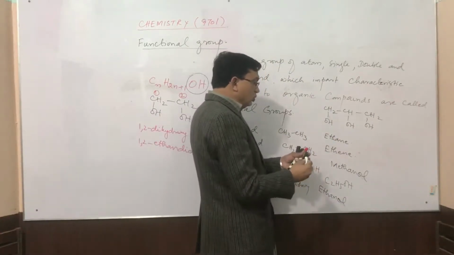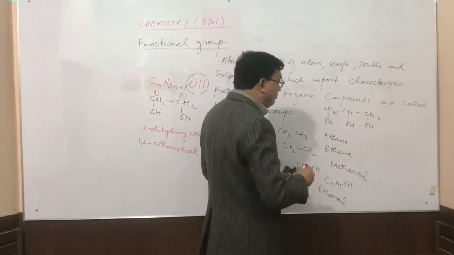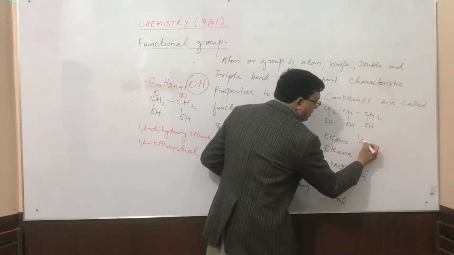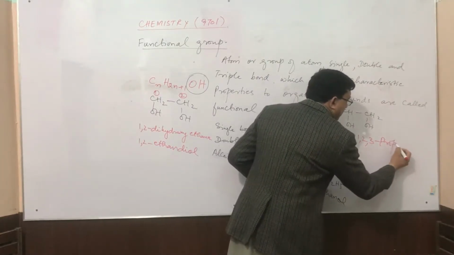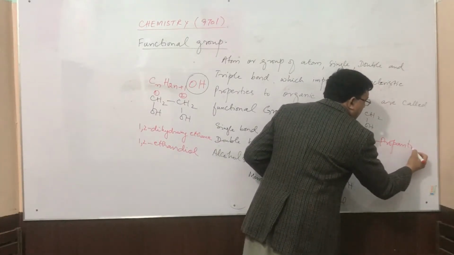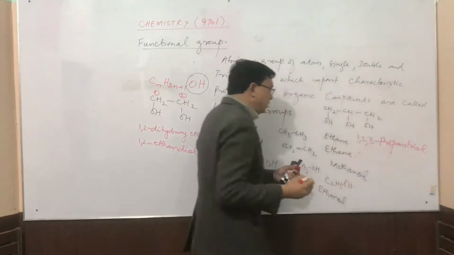That's why, due to 3 OH groups, the name will become 1,2,3-propanetriol.